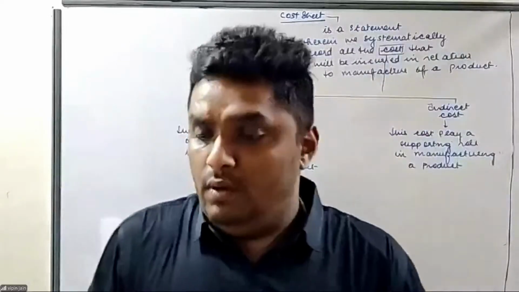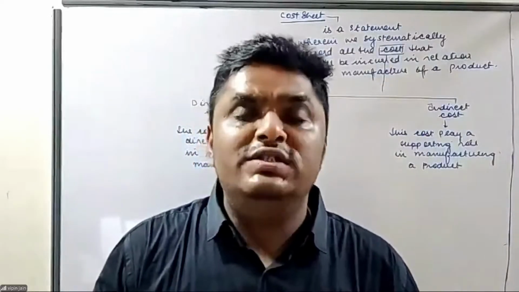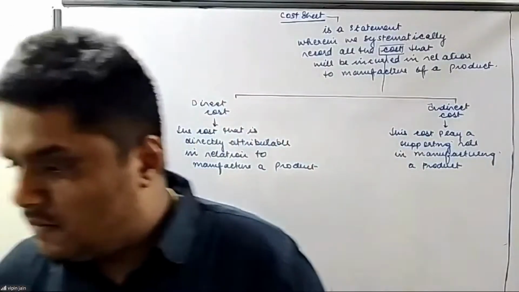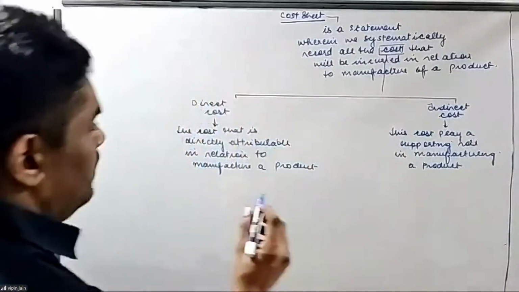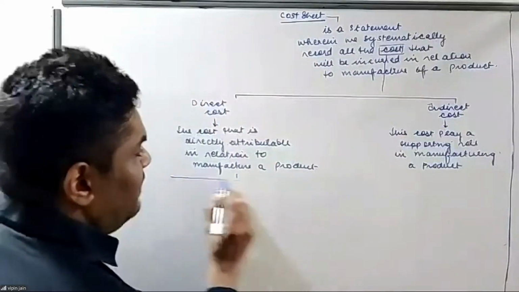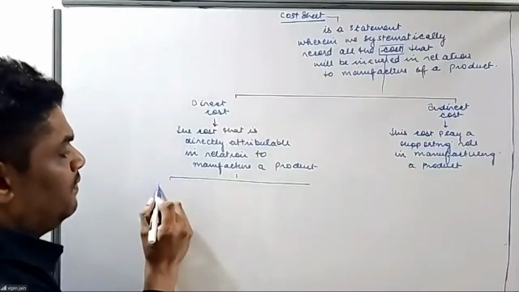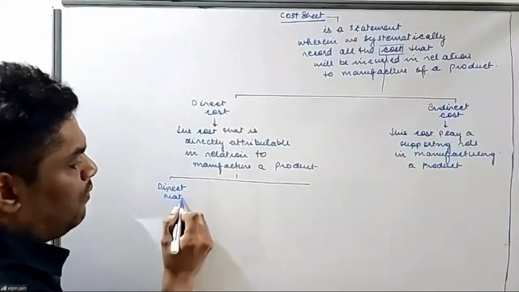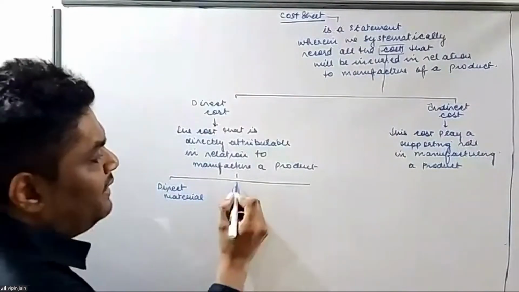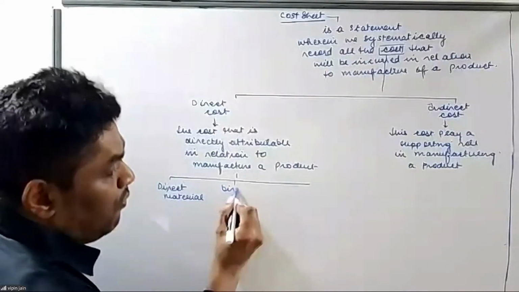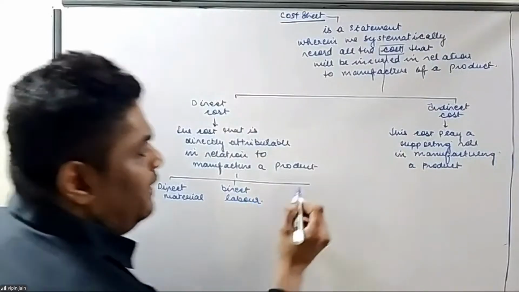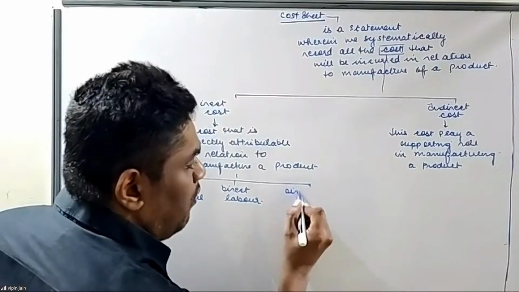Now, when talking about what all includes direct cost and what all includes indirect cost, direct cost can be direct material, direct labor, and direct expenses.